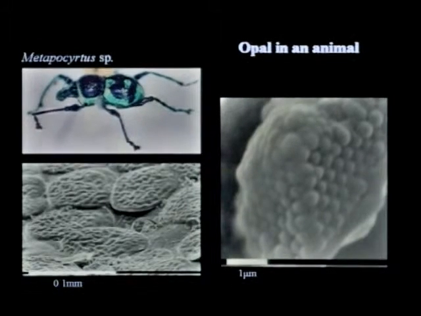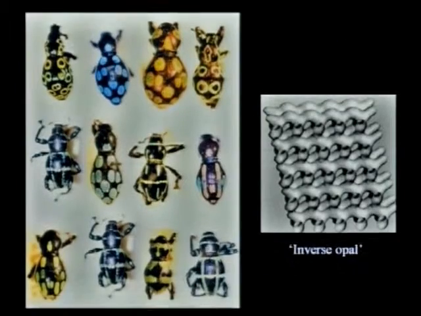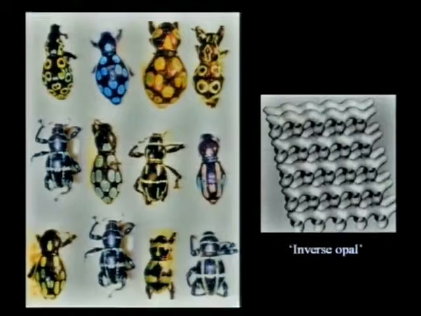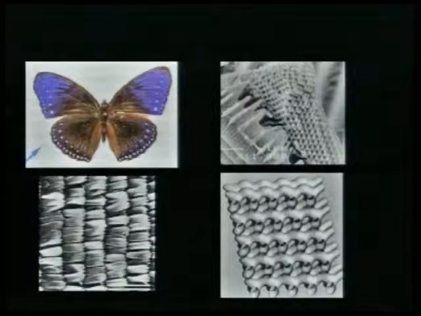So we've got opal, exactly the same structure occurring now in the weevil. And here's a range of species of those type of weevils, again with that same type of opal, but also the inverse structure, which you can see there. And we're getting all sorts of ranges of architectures of photonic crystals that are producing bright iridescent colours in nature.